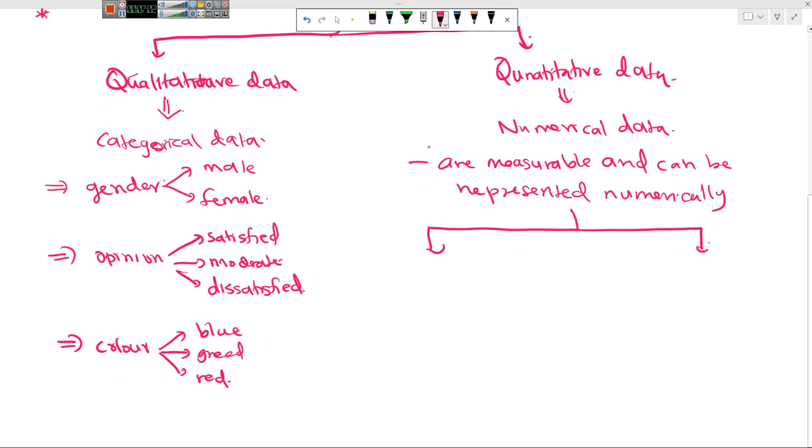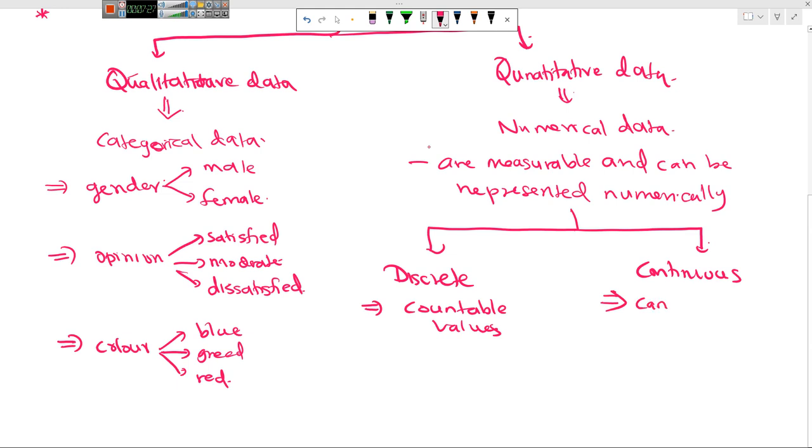The first one is discrete and the other one is continuous, right? So under discrete data, we can have only countable values. And on the other hand, under continuous data, we can have any number within a range, right?